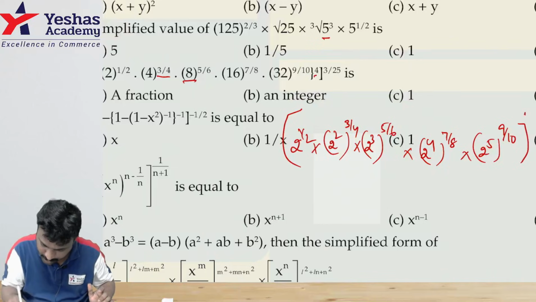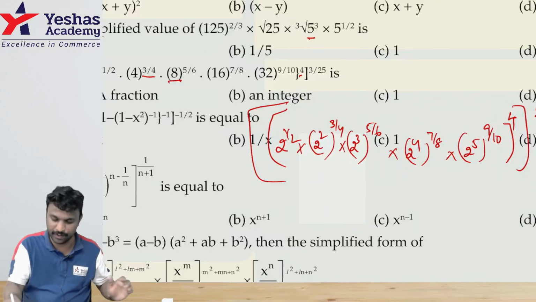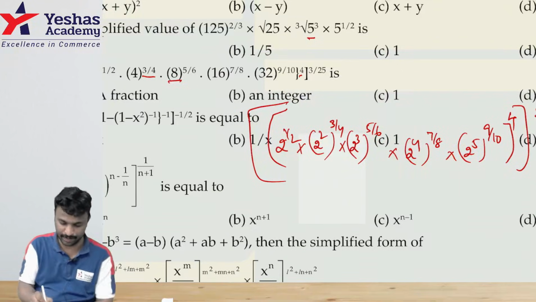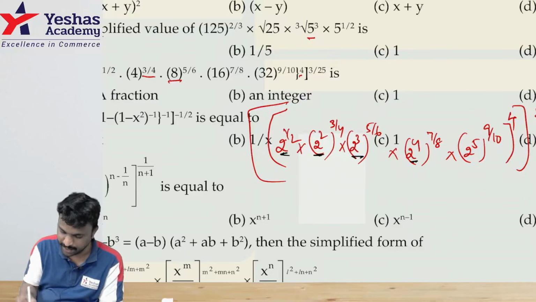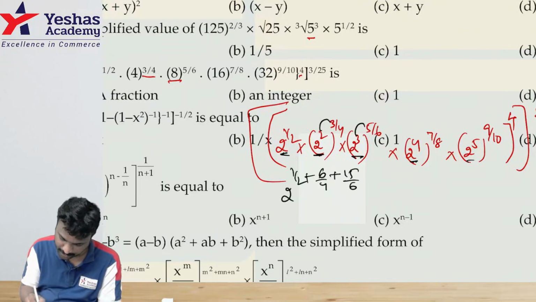4 first of all, and whole power 3 by 25. First of all, we'll solve this in base 2, right? So 2 power what? 1 by 2 here, and this 6 by 4, and this 3 5s are 15 by 6, correct?